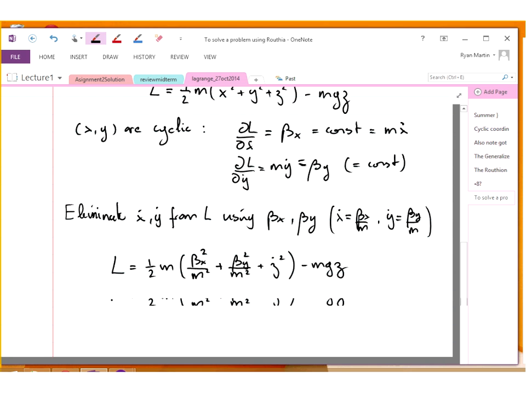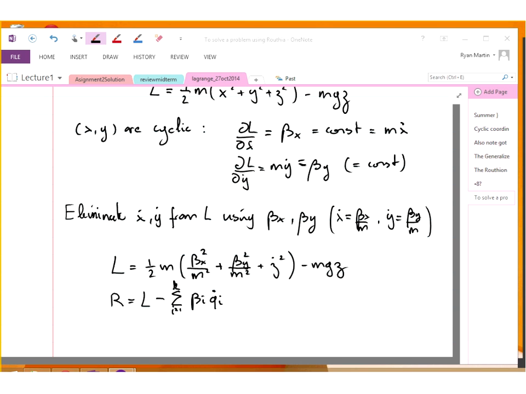So now the Routhian, it's given by L minus the sum from i equals 1 to k of beta i q_i dot. Alright?